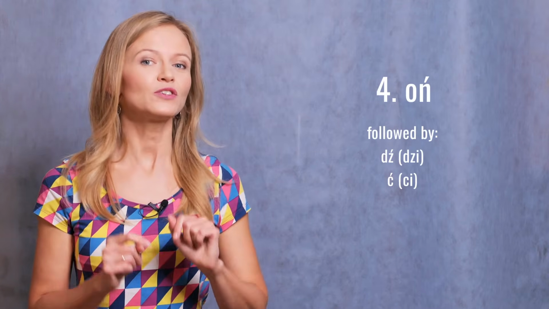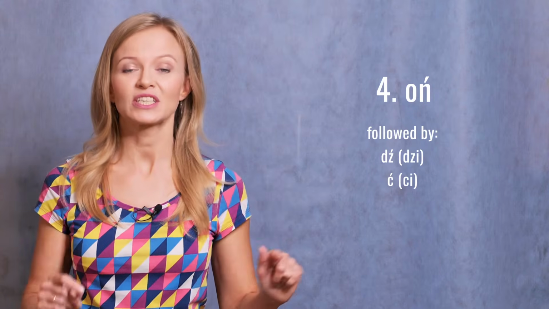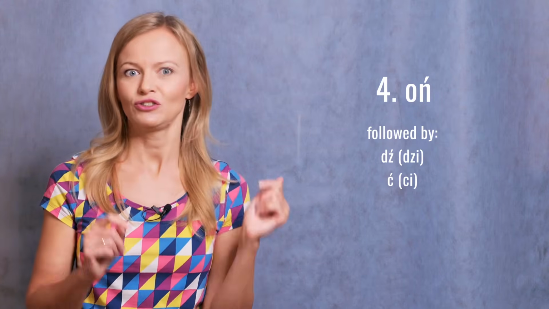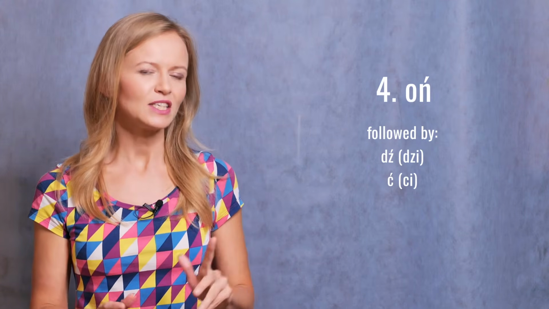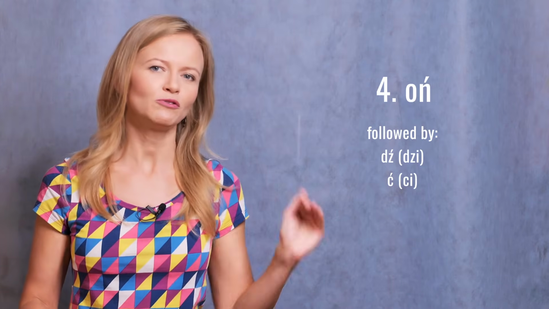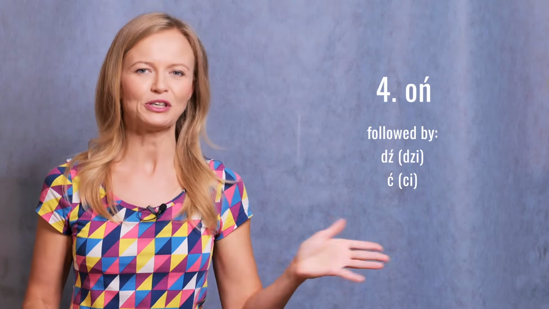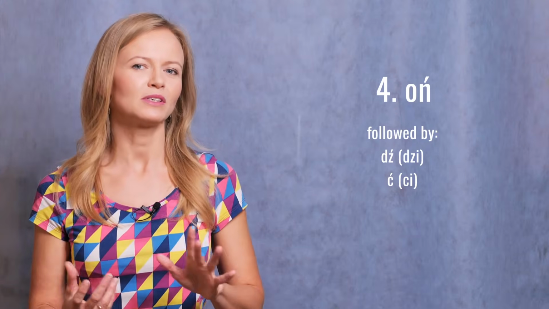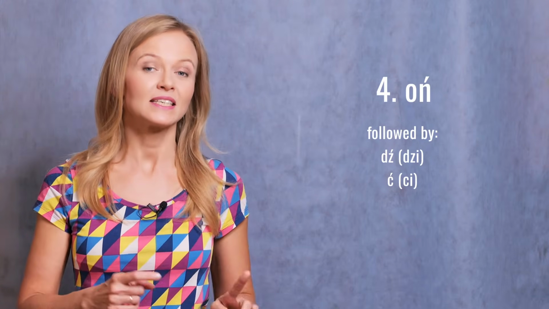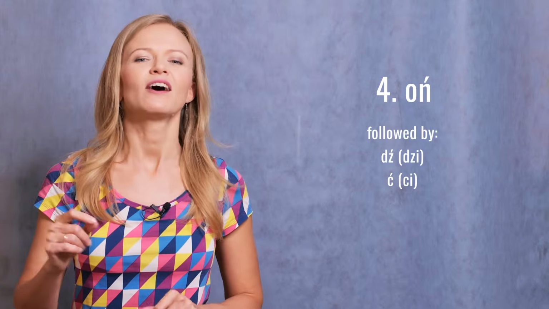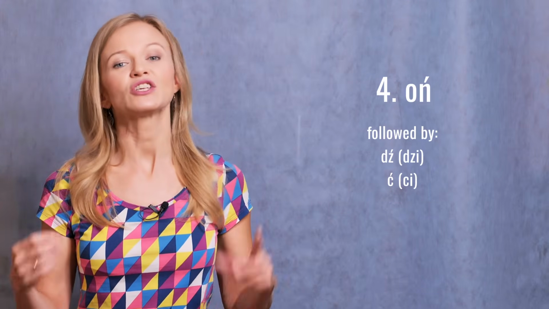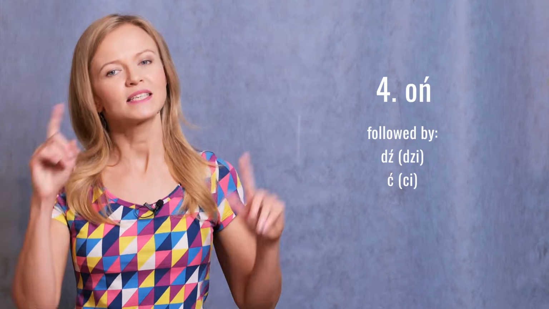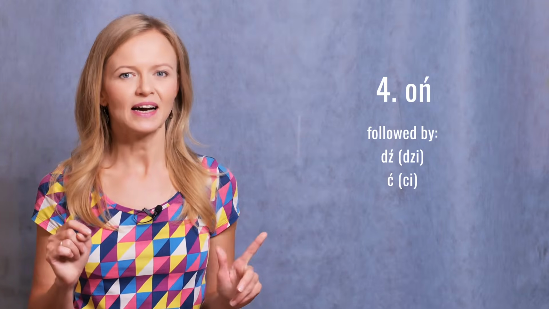If on is followed by sounds G and chi, and these sounds can be written in different ways, so you have it here. G can be written as D and Z with an accent, or DZI, and chi can be written as C with an accent or CI.